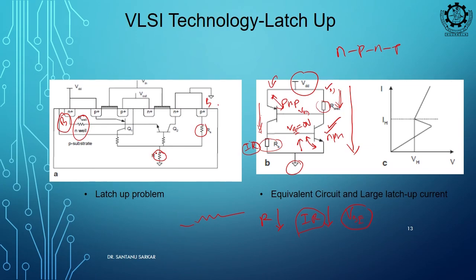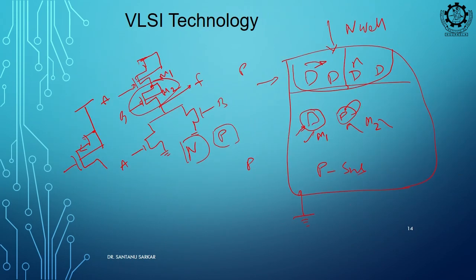So, what is the meaning? Meaning is that I have a MOS, this is my source and this is my bulk connection, right. I have a MOSFET, this is my source, this is my gate say. So, these three are my connections, gate, source, drain.